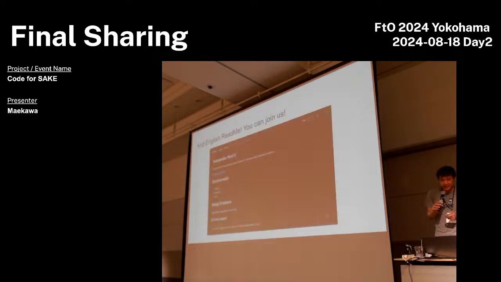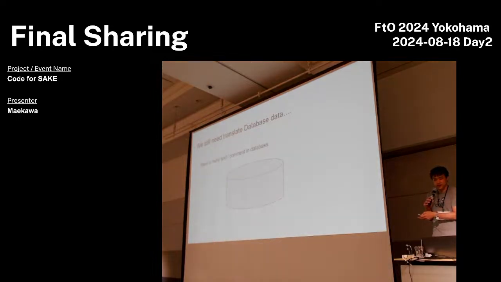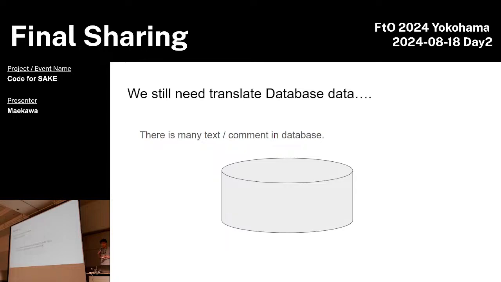And the English readme is there, so you can join us. But we still need to translate the database data. There are many texts and comments. So we must try. Not only today, we will continue this activity. So please join us.